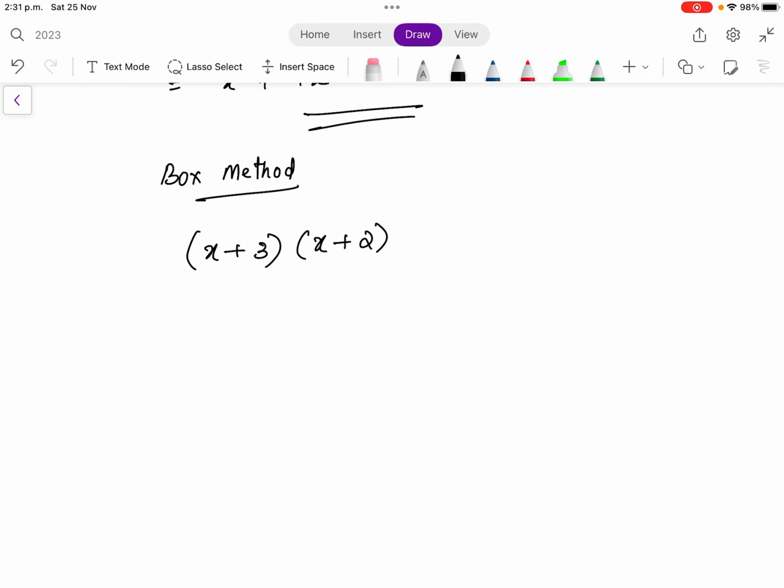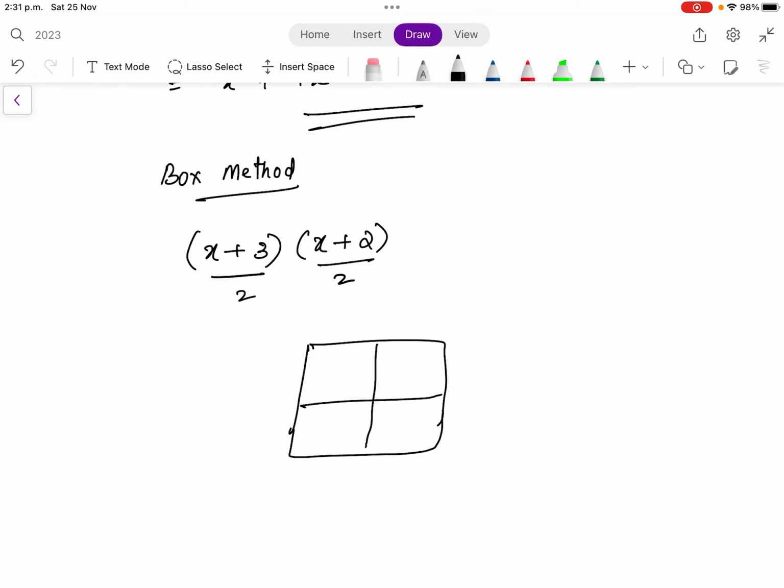Since you have two terms here and two terms here, I need to draw a box with two on this side and two on this side. Then I take the first expression and write it here, x plus 3. Then I take the second expression and write it here, x plus 2.